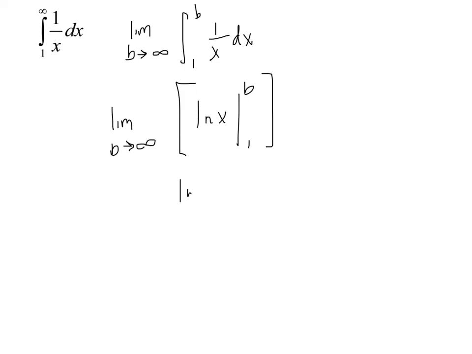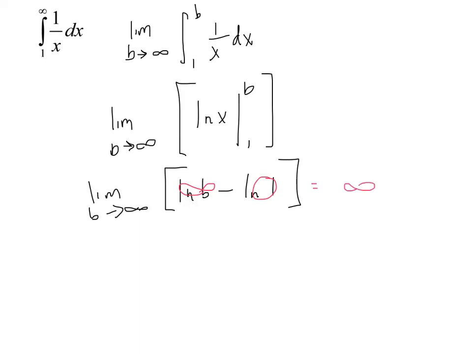So the natural log of b minus the natural log of 1. Unfortunately, the natural log of infinity is infinity. So we get infinity minus 0, because the natural log of 1 is 0, which is infinity. So this is divergent. We couldn't get an actual answer.